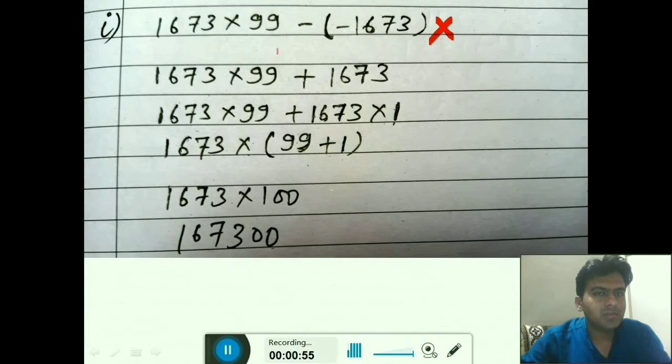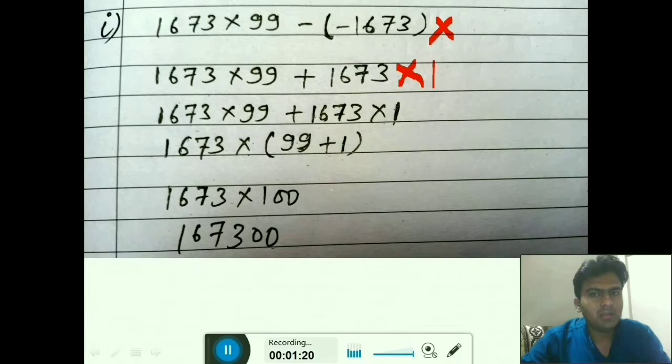First we will simplify this bracket, so we will get minus minus plus. So now you have 1673 into 99 plus 1673 into what? You don't have any number right now, so we can multiply by 1.